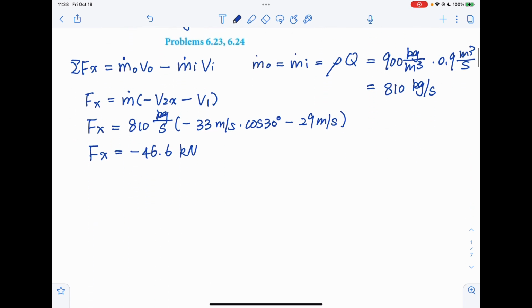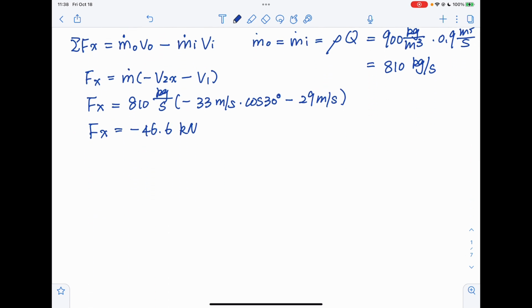Okay, now we're going to find the force in the y direction. We're going to apply the momentum equation in the y direction.